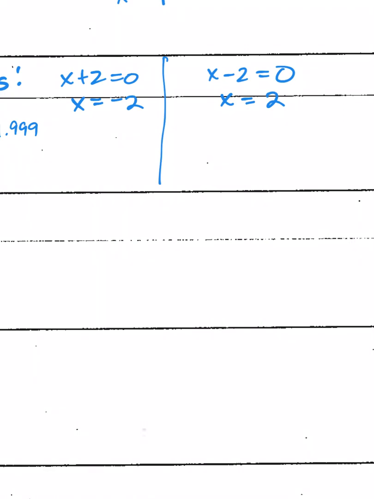Okay, so how do we do that? 9 minus negative 1.999 divided by, in parentheses, negative 1.999 plus 2. And then we can divide again. Oh, I'm seeing a pattern here.